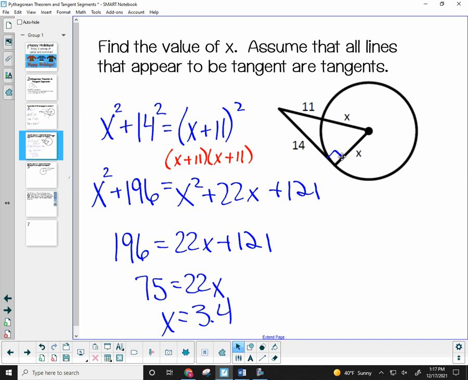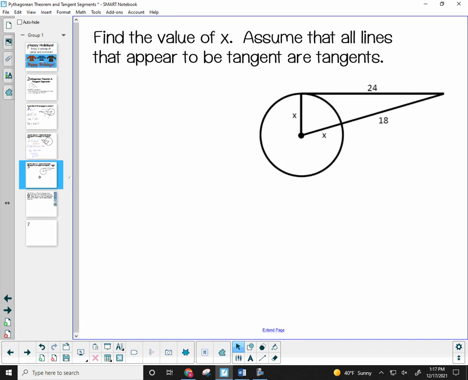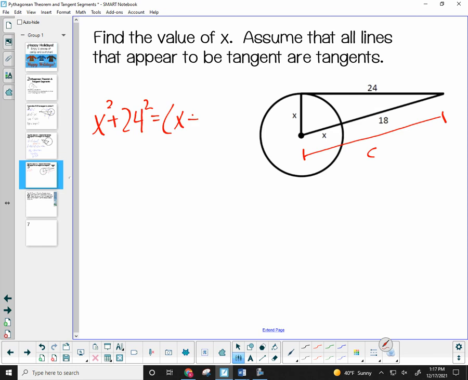All right, so for this one here, side C has to be x plus 18, right? This is my hypotenuse. So we have x squared plus 24 squared equals the quantity x plus 18, squared.